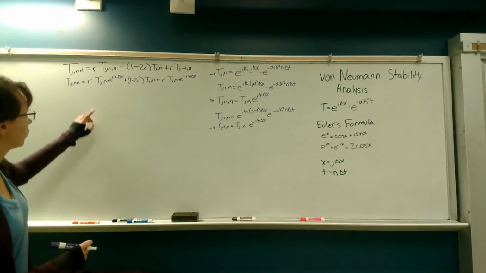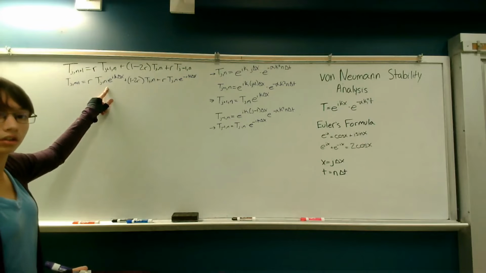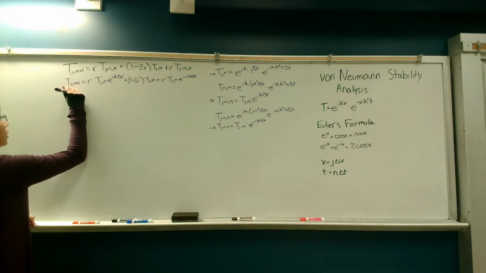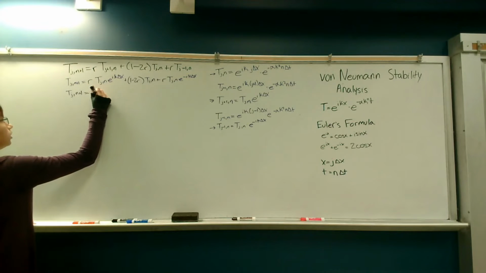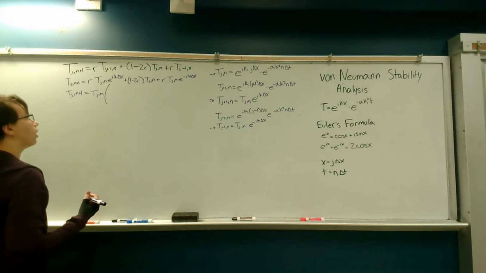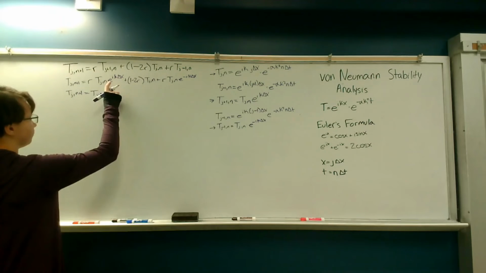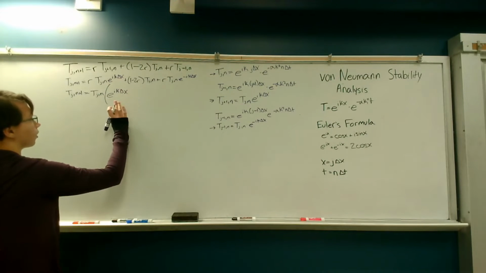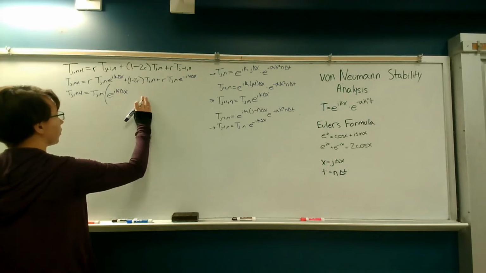Alright, so then you can see we can factor out this T at j at n. So we'll do that. We've got T at j at n plus 1 is equal to T at j at n times, alright, so then we've got this e to the i k delta x, and then I'm going to put this next to this term so we can see it better.